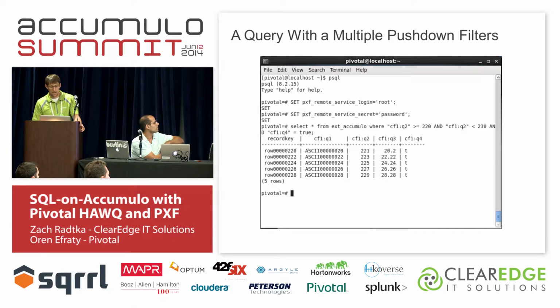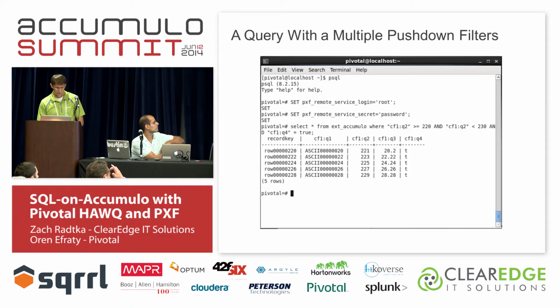So in PXF, we can actually restrict the range of our scan by setting a condition on the record key, right? The record key in HAWQ correlates to the row ID in Accumulo. So if we run our next scan here, oops, I have to highlight all of it.